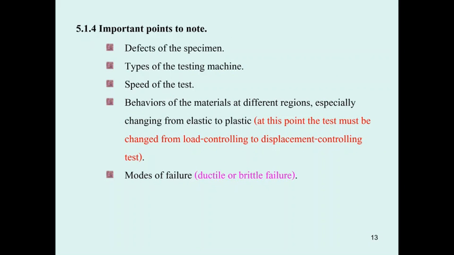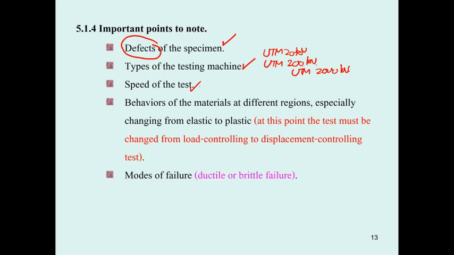Some important points to note when you do the tension test. You have to inspect the specimen, and if it has a defect, you have to recheck it. The testing machine is going to be either a small UTM, or the bigger 200 kilonewton UTM, or a UTM with 2000 kilonewton.